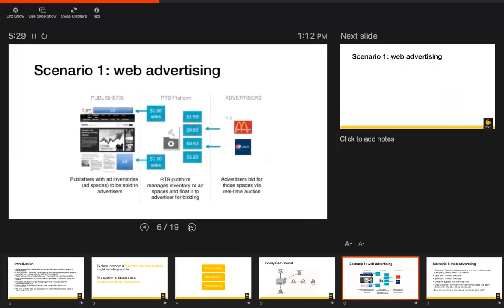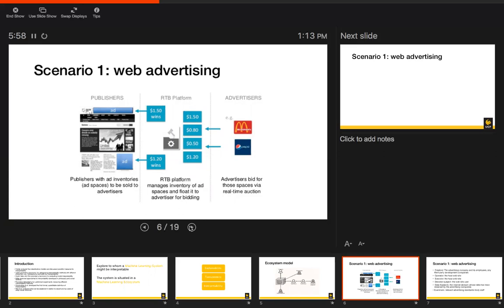So in this manuscript, they provide several scenarios to analyze this. The first scenario is web advertising. The web publishers have some spots for the advertisers to bid on.